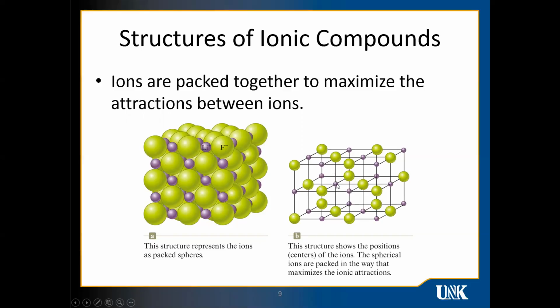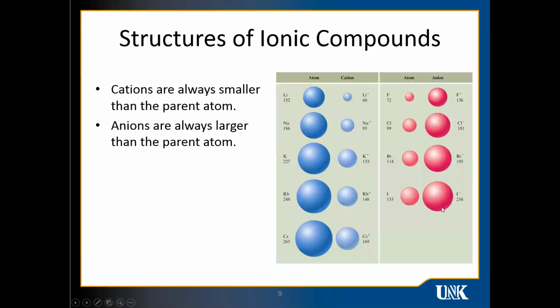We can see here that every ion has 6 nearest neighbors of ions with the opposite charge. So we have a small purple lithium ion here. Its closest neighbors are 6 fluoride ions equally spaced around it. And we can tell that from the ball and stick structure. It's a little harder to tell that from the space filling model.